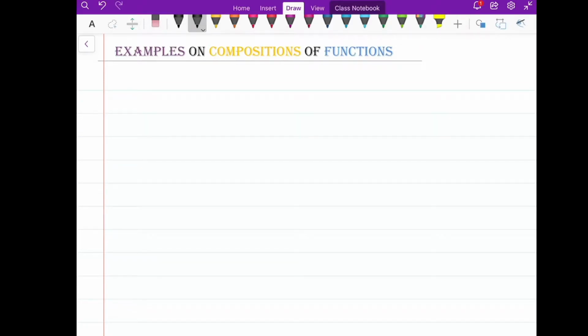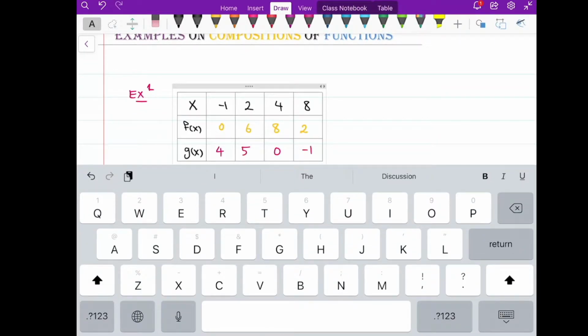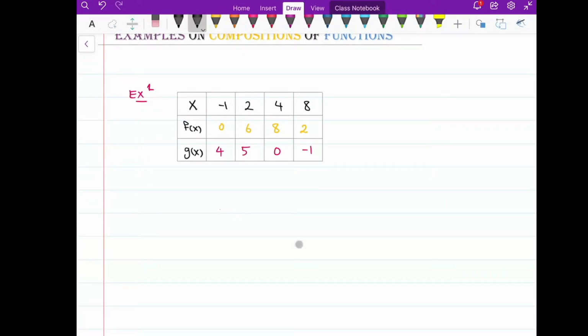This video is part of an online course of Calculus 1, and I'm going to solve some examples of compositions of functions. Let me start with example 1. Assume that this table is given. So x can be -1, 2, 4, and 8.